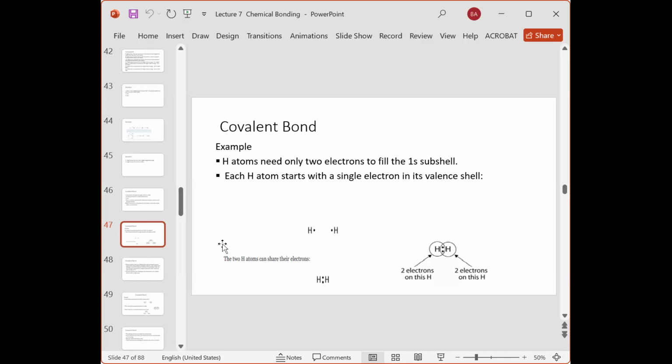So the hydrogen has to find another hydrogen, bond with it, and share the electrons. Then each hydrogen will have 2 electrons in its atomic shell. That's why we call it covalent bonding.